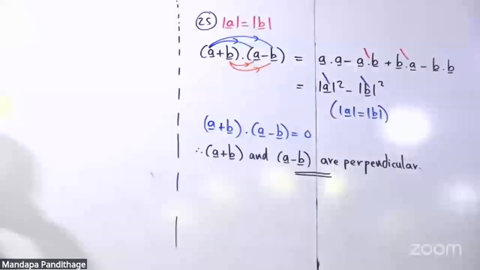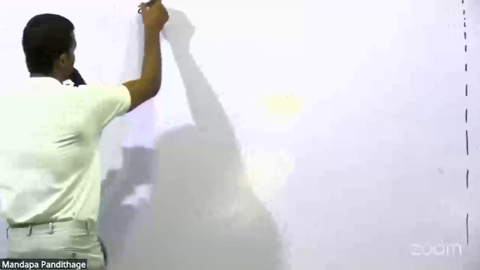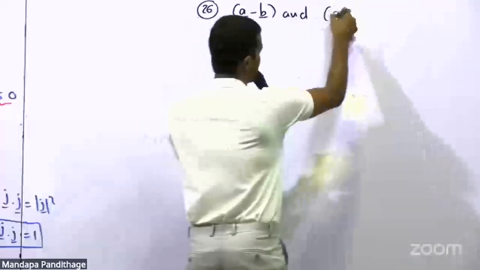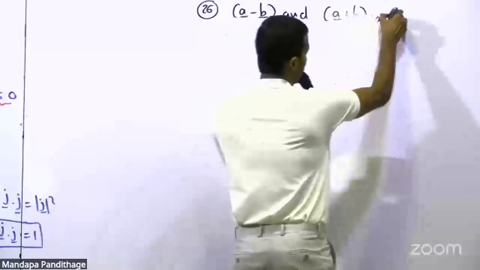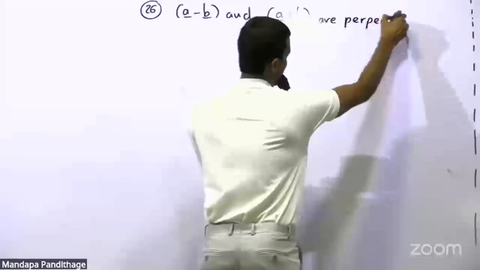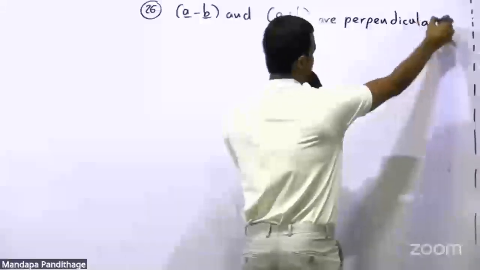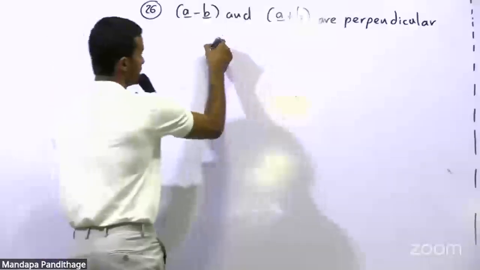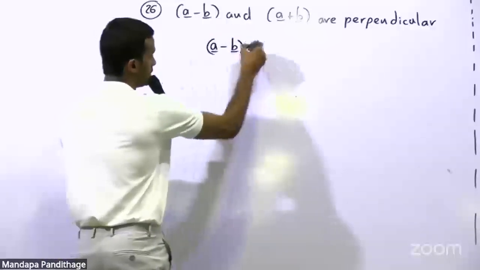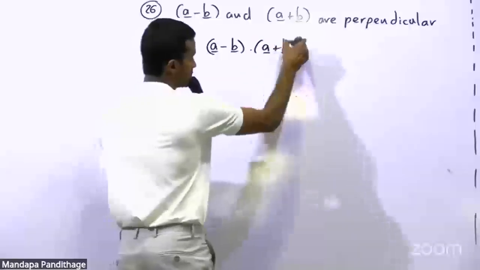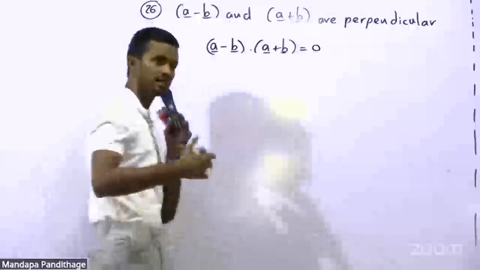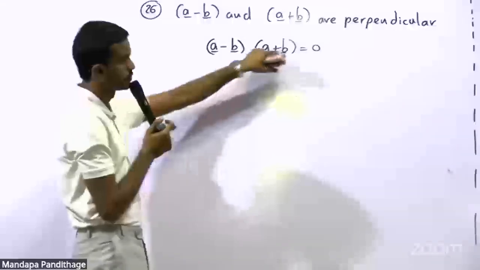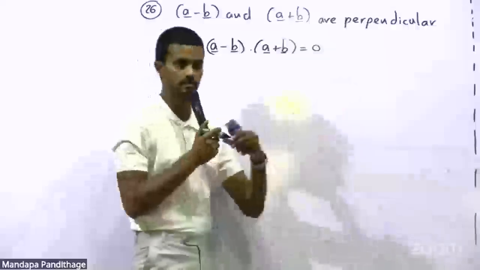But now they have given that A minus B and A plus B are perpendicular, which means we can consider the dot product between these two is equal to 0. Previously, we had to show that it is equal to 0. And here, we can consider that it is equal to 0 because they have given it is perpendicular.